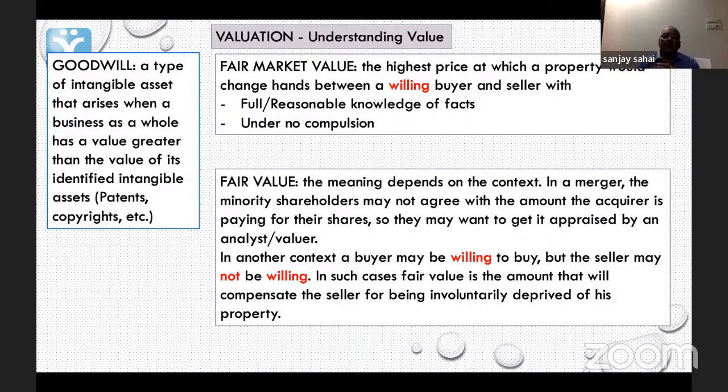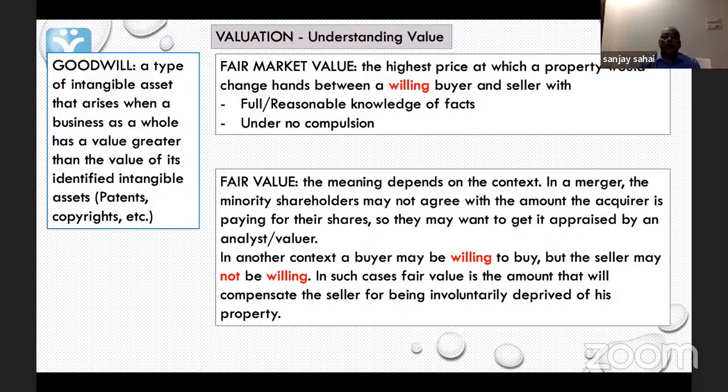Promoters के लिए तो बहुत अच्छा है, they are willing to merge with the other company and willing to take advantage. लेकिन जो minority shareholders हैं, उनके लिए हो सकता है कि this is not a deal which is to their liking. So they are not willing exactly to sell. इनको willing आप कैसे करो? How will you sort of make it beneficial for them to sell?